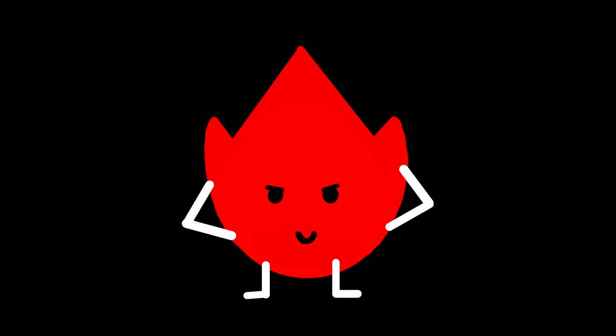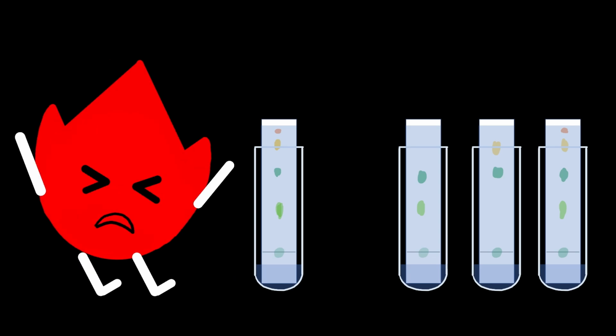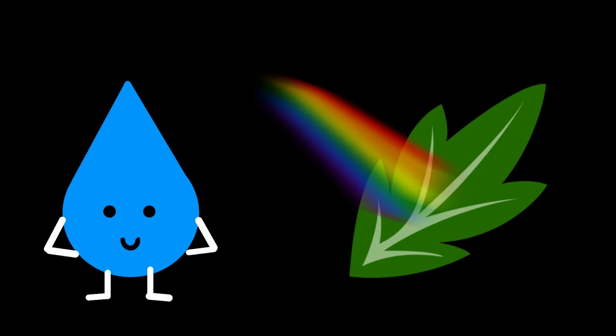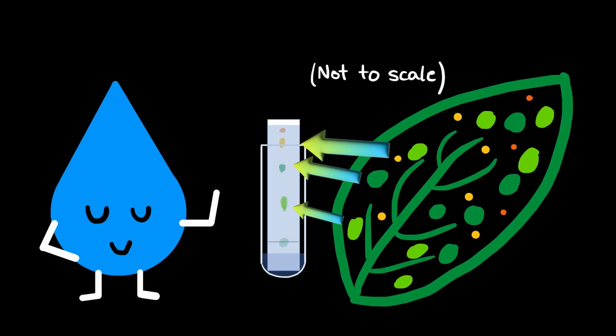Can you explain now what on earth was happening here? I thought all leaves were just green. Leaves have pigments, which are in charge of absorbing light for photosynthesis. There are different types of pigments, all of which absorb slightly different wavelengths.